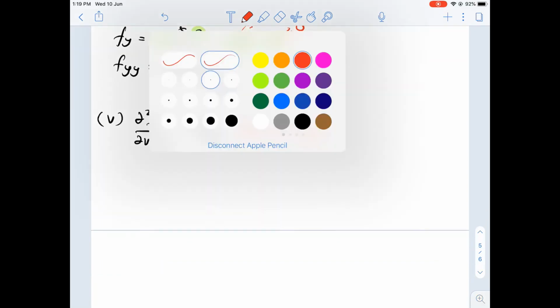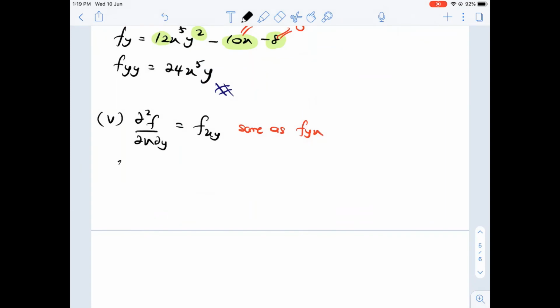Now let's say we take fx first. So just now fx is 20x to the power of 4 y cubed minus 10y plus 12x. So now I will differentiate fx with respect to y. If we differentiate fx with respect to y, now y becomes the variable and x becomes the constant.